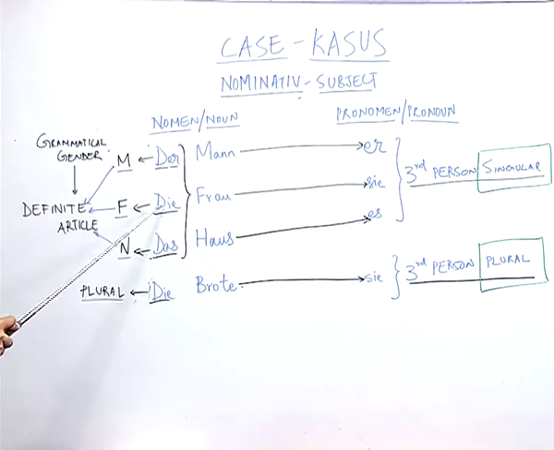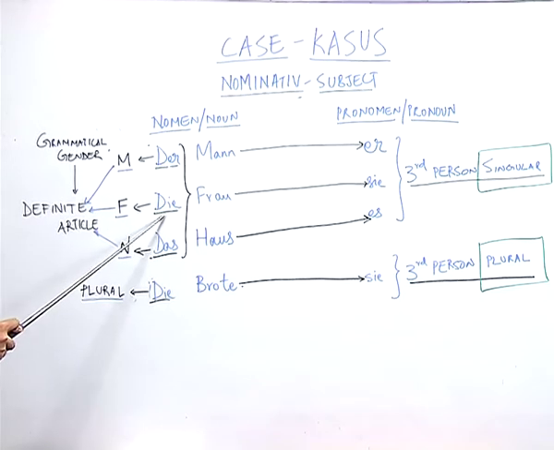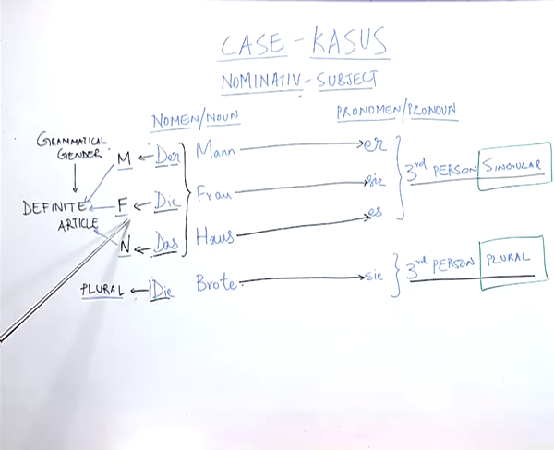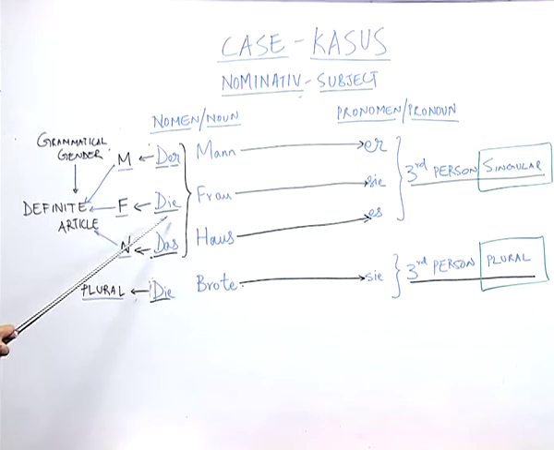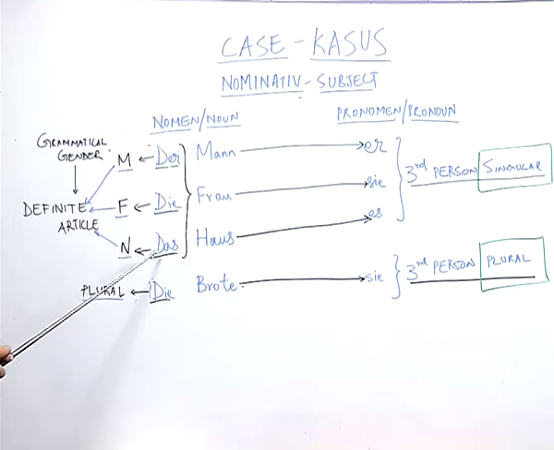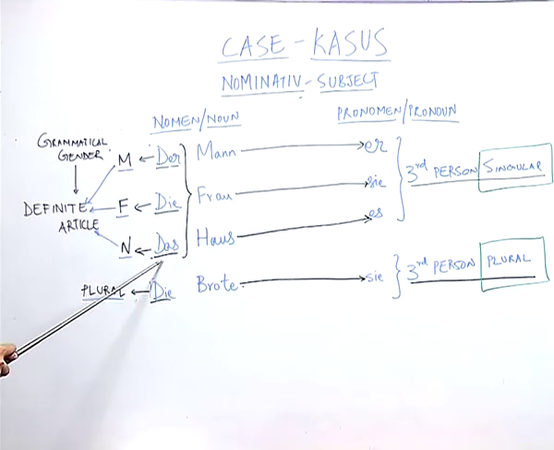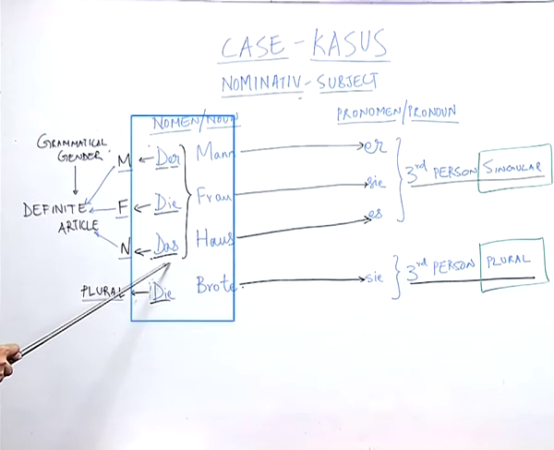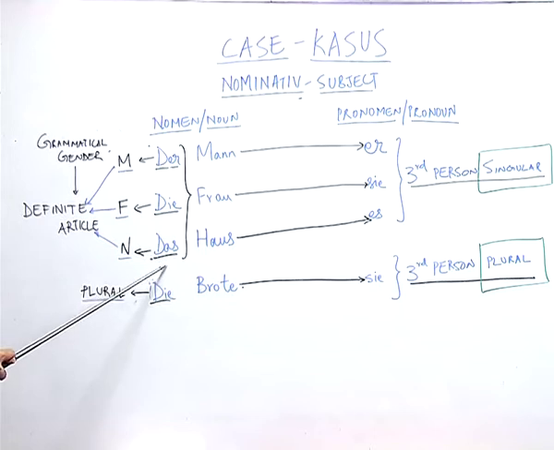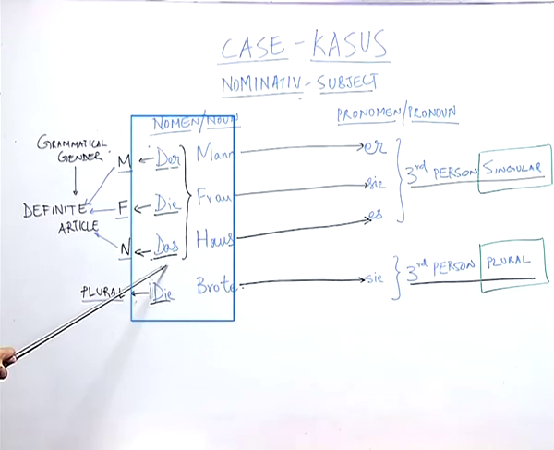And likewise, this word die is the marker for the feminine gender, and is pronounced as die, and this word das is the marker for neutral gender, and it is pronounced as das.